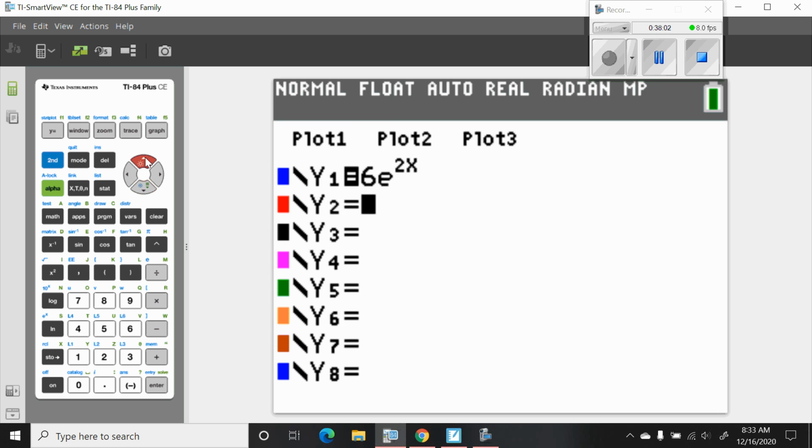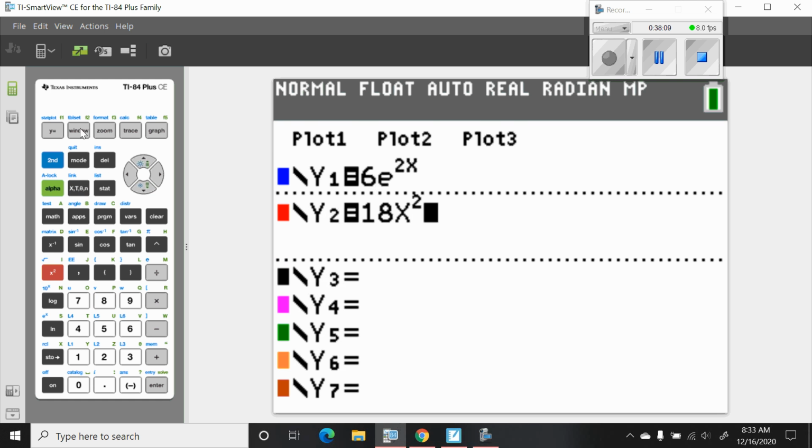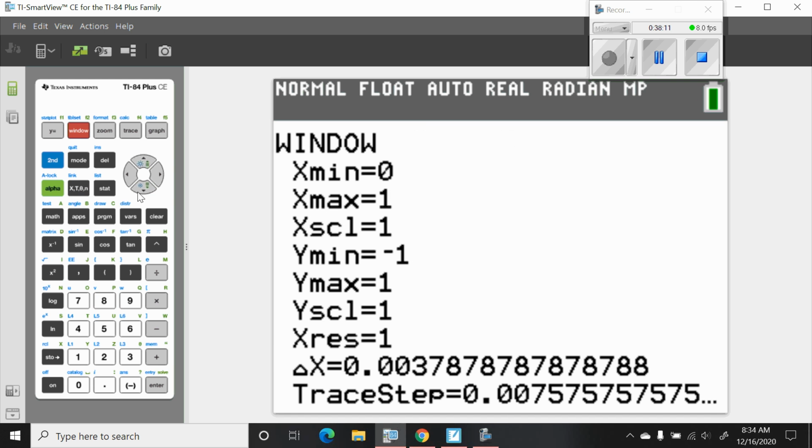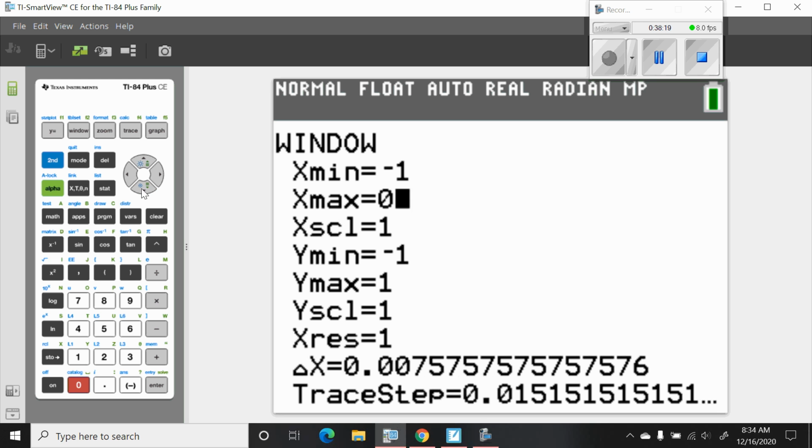I don't know why it has to jump down 2 places. 18x squared, and just set the window appropriately. When do they intersect? I don't know if the y values matter here. So -1, 0. They're going to intersect somewhere between -1 and 0 because we saw the values. I don't know if we have to necessarily see them.